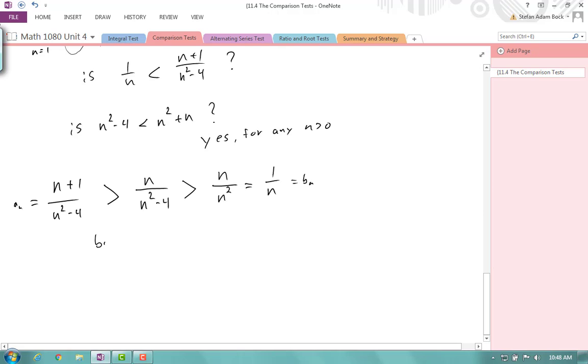But the sum of 1 over n diverges. So I can say that the sum of n plus 1 over n squared minus 4 from n equals 1 to infinity diverges by comparison to 1 over n.